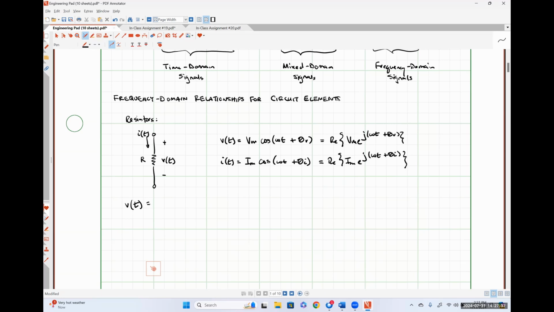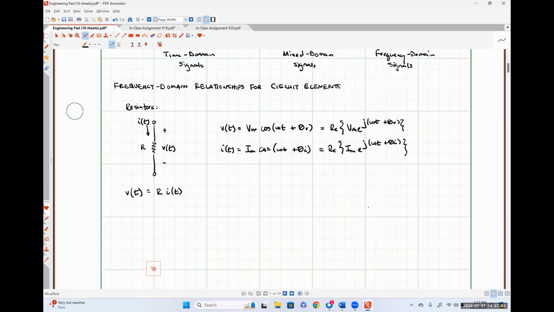V of t is equal to R times I of t. And what I'm going to do is I'm simply going to substitute in those mixed domain signals there. And we are going to do a little bit of algebra and such, and then see what the relationship is going to look like in the frequency domain.